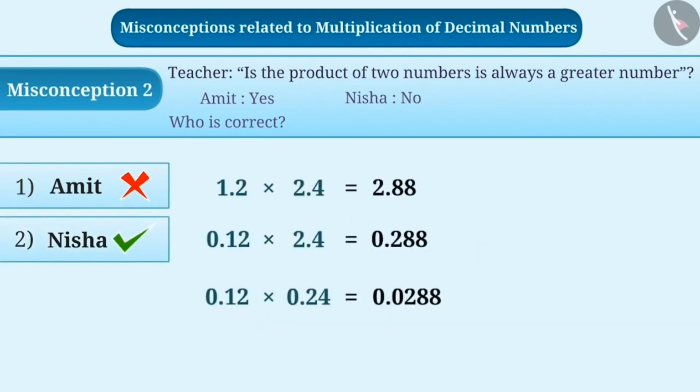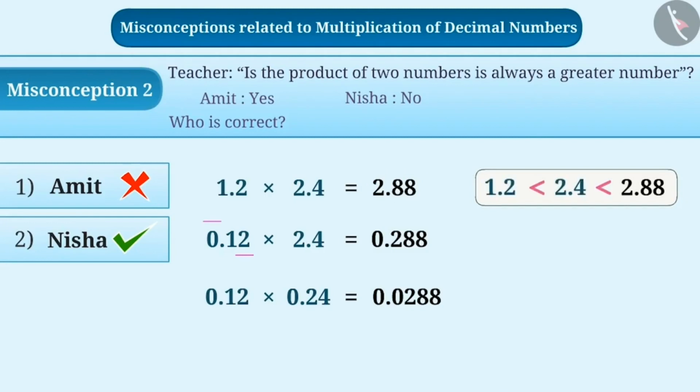Here are some examples from which you can understand that the product of two decimal numbers can be either a greater number or a smaller number. For example, 1.2 multiplied by 2.4 is equal to 2.88. Here, 2.88 is greater than both numbers. 0.12 multiplied by 2.4 is equal to 0.288.